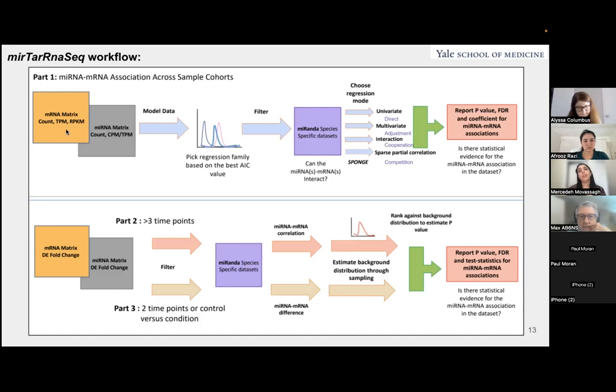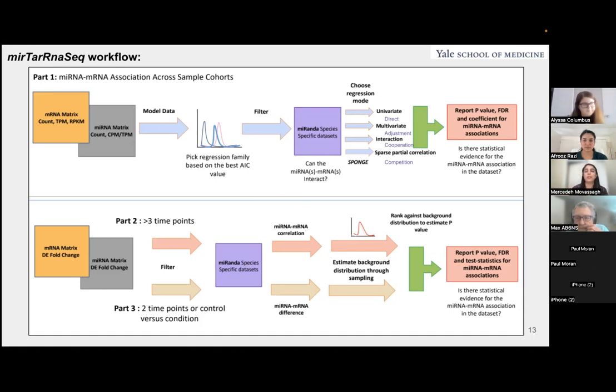So you're incorporating mRNA data, which could be count, TPM, RPKM, with microRNA data, which could be count, CPM, or TPM. So technically what you're trying to do is to see if your independent variable, which is your microRNA, can predict your dependent variable or outcome variable, which is your mRNA. And you're doing this across hundreds of microRNAs and thousands of mRNAs.